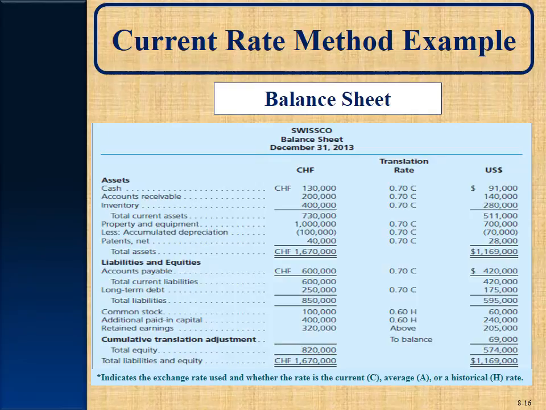Now, on page 382 is a detailed computation and illustration of your translation adjustment of the 69,000.